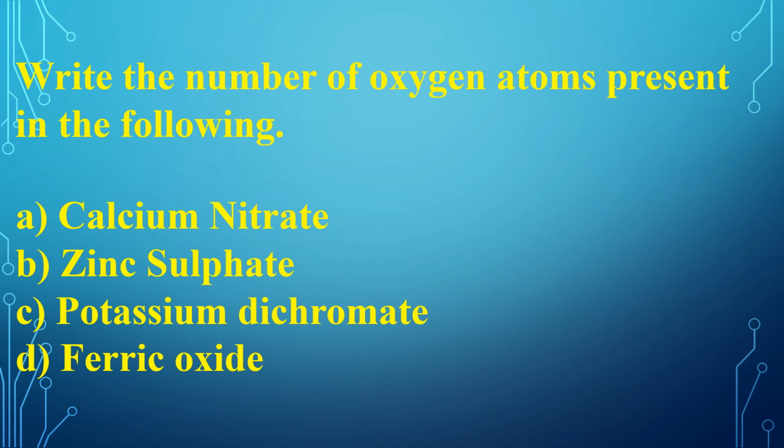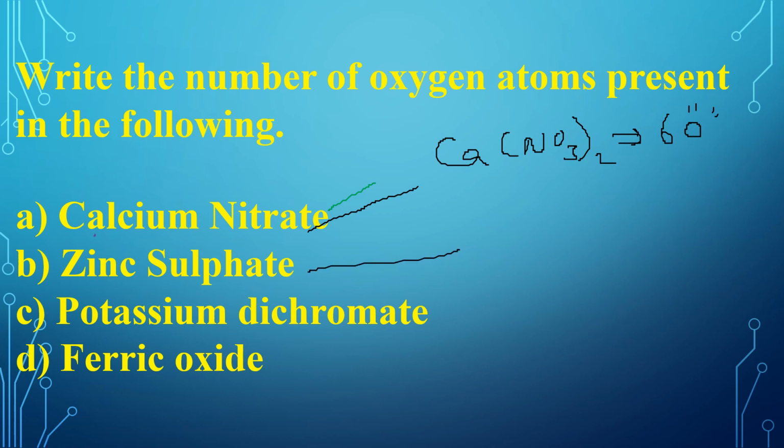Next, it asks how many oxygen atoms are present in each compound. First one is calcium nitrate. The formula is Ca(NO3) taken twice. Here it contains 3 twos, so 6 oxygen atoms are present. Next one, zinc sulfate, ZnSO4.